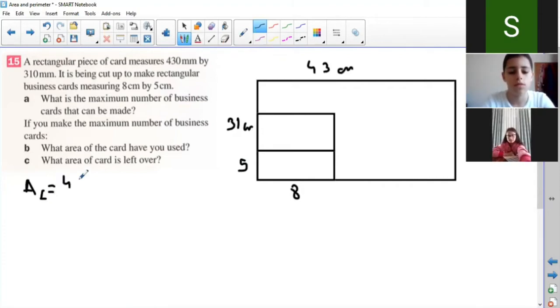43 times 31, length times width. What is 43 times 31?